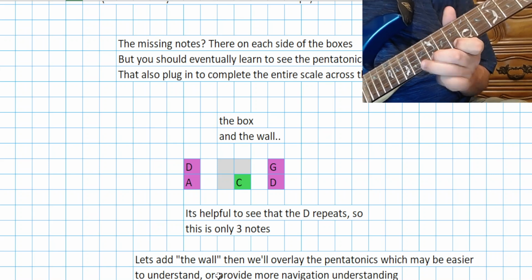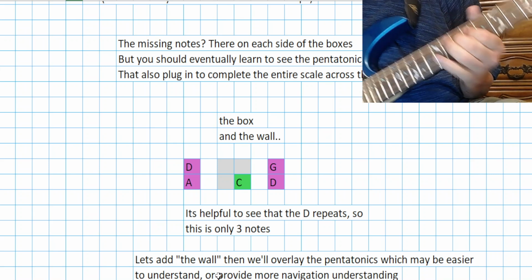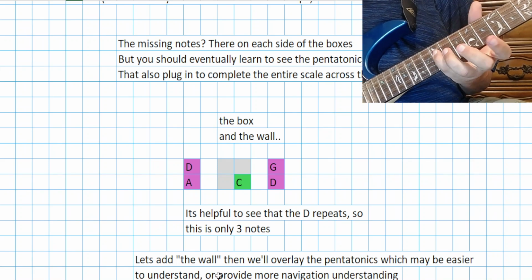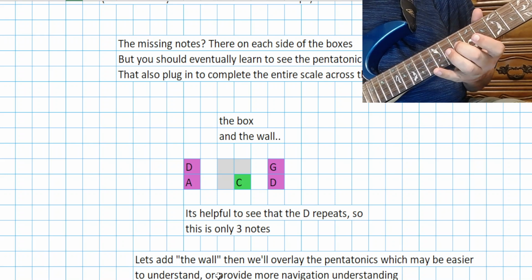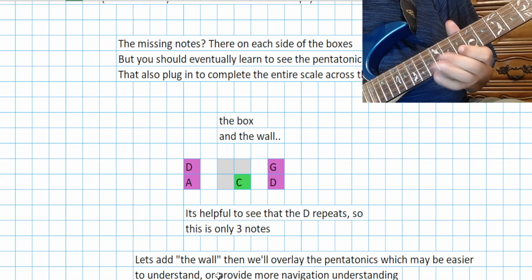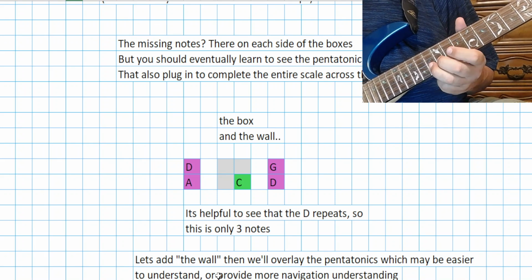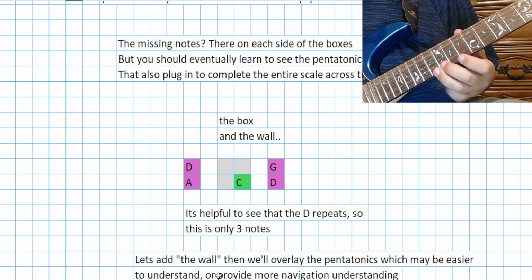And we're going to play it here. So here I was purple note, square, purple note, purple note, square, purple note, square.